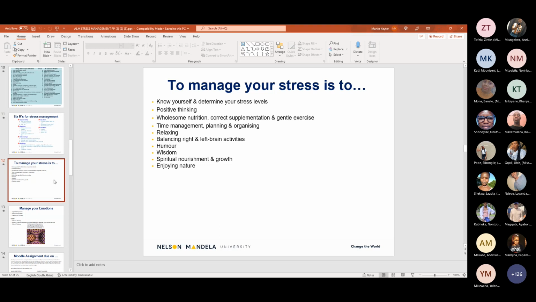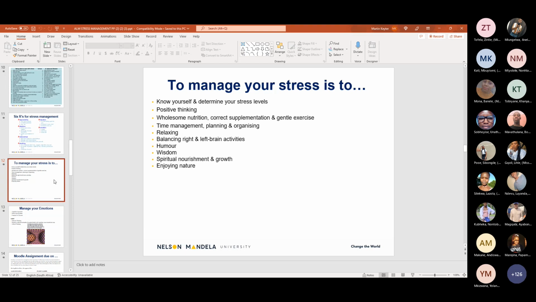So, to manage your stress is to know yourself and determine your stress levels. So that's positive thinking. And can you see the nutrition and correct supplementation and exercise? That shows you the balance between the psychological, which is positive thinking, and the physiological, which is the physical component.